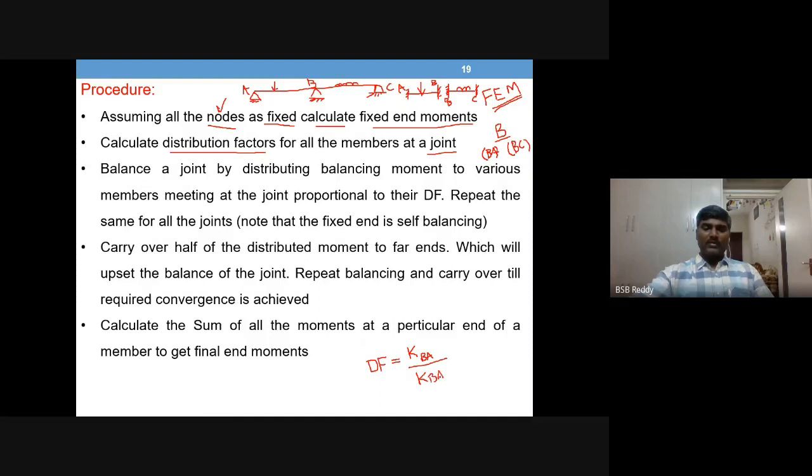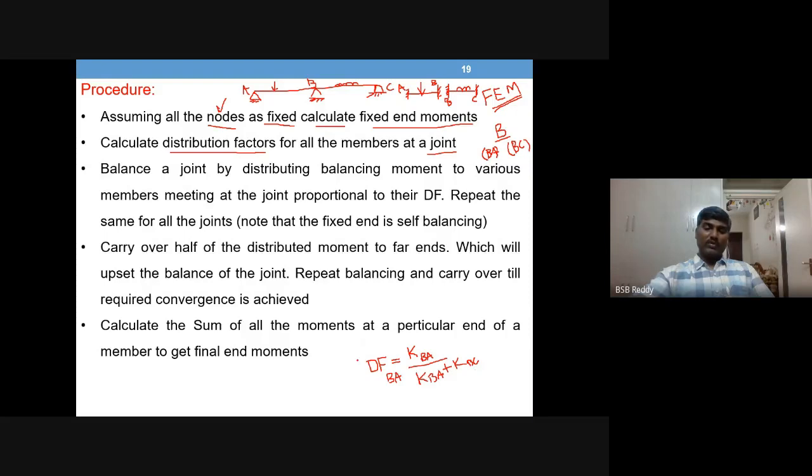Means what? The summation of stiffnesses of all the members at the joint, right? There are only two members at the joint in this example. So the distribution factor for BA is K of BA by K of BA plus K of BC.